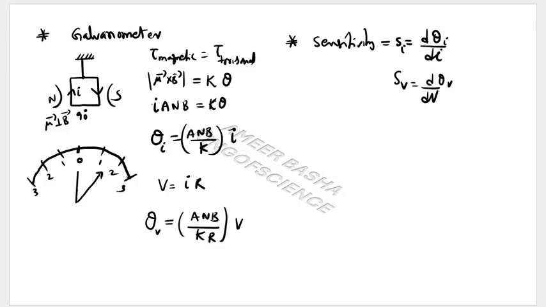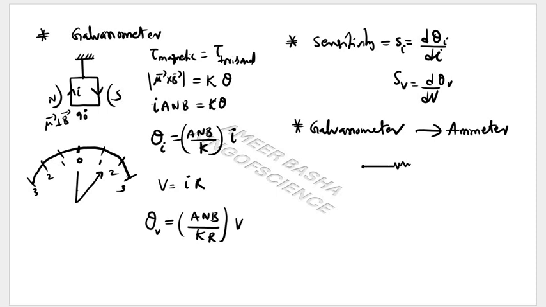Okay, so important quantity, remember. Now, how will you convert a galvanometer into an ammeter? Generally galvanometers measure only limited currents and limited voltages. They will not measure high voltages or high currents. Say this is my galvanometer.